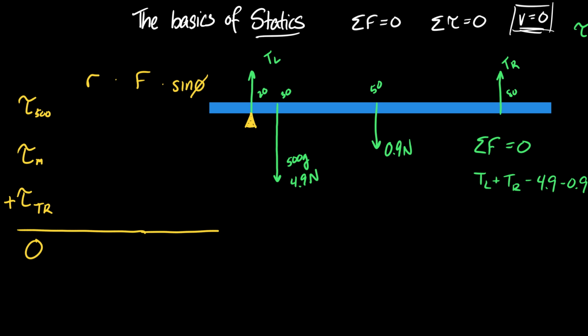I'm listing them out carefully, and I'm reminding myself that each one of those torques has a torque arm length, a size of a force, and might be subject to the acting of an angle. So now I will go torque by torque, laying out the value of each torque.